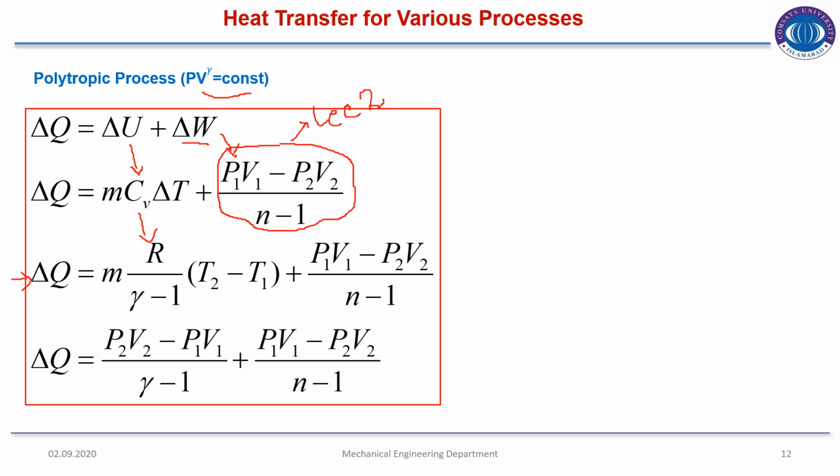So you know how that Cv was transformed into R over gamma minus 1, times del T (T2 minus T1), plus work done for polytropic process.